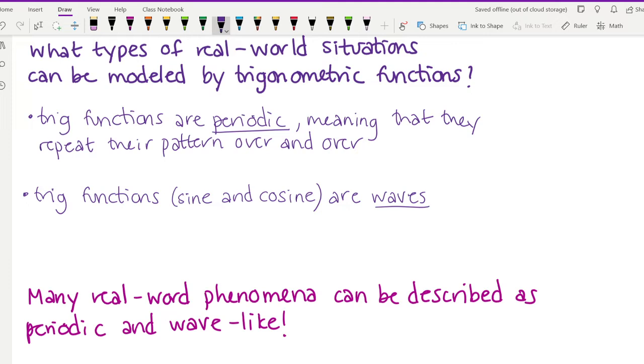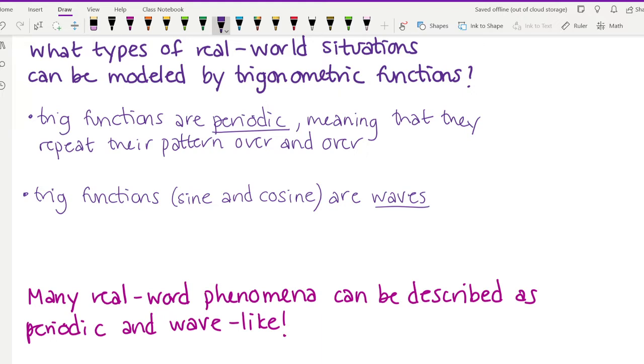So what else is special about trigonometric functions? Well, trig functions, and specifically in this case talking about sine and cosine, and we'll see that that is going to be the focus of this video, the functions sine and cosine are waves, right? They have this shape where they go up gradually, they reach their maximum, then they go back down to their minimum, then they go back up. They have this wave-like shape.